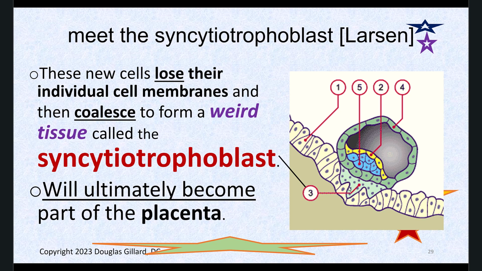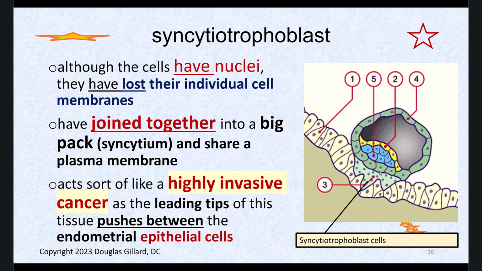Very, very strange. It ultimately becomes part of the placenta. As you can see here, there are 5 cells right here, and they don't have a nuclear membrane. They tend to share the nuclei with each other without a nuclear membrane. So very, very strange, and they divide so fast that they've been compared with a highly aggressive cancer. There are similarities between the two.